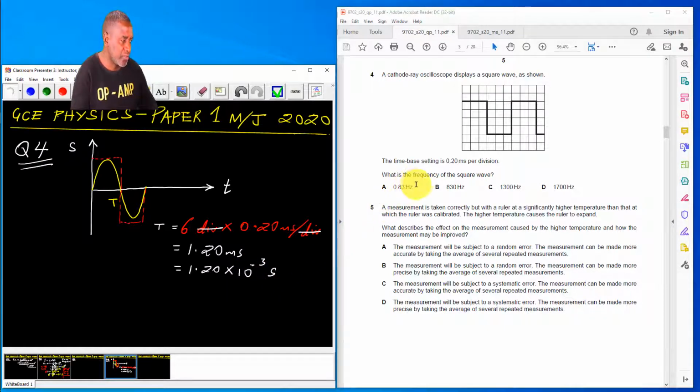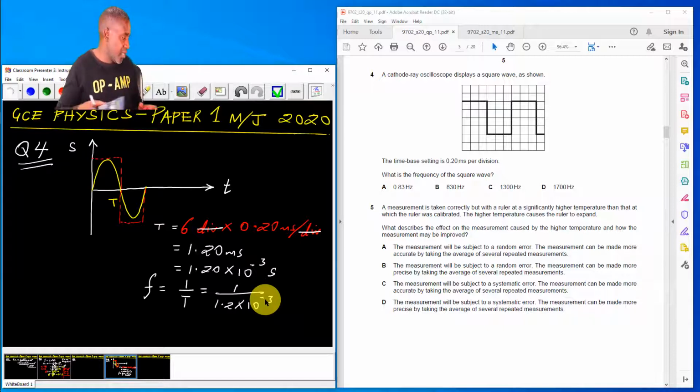And don't lose sight of what we are looking for. It is a frequency, and we are expected to remember that expression. It is 1 over the periodic time. So I'm going to get 1 divided by 1.2 by 10 raised to minus 3.